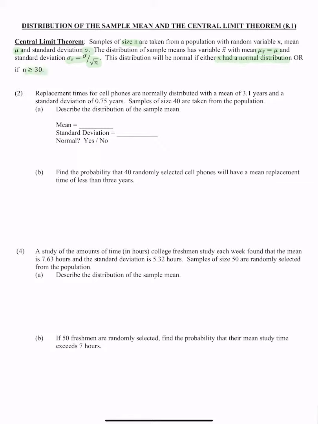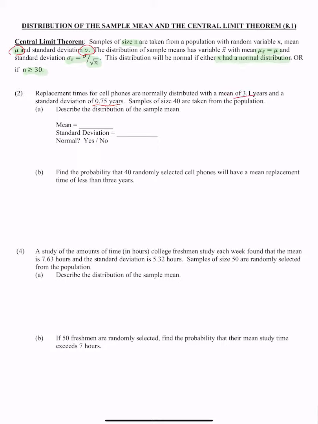Okay, so looking at this first problem here, which is actually number 2 from your handout, replacement times for cell phones are normally distributed with a mean of 3.1 years and a standard deviation of 0.75 years. So those are the first three things I said. That gives us that the standard deviation is 0.75 years, and the mean is 3.1 years.